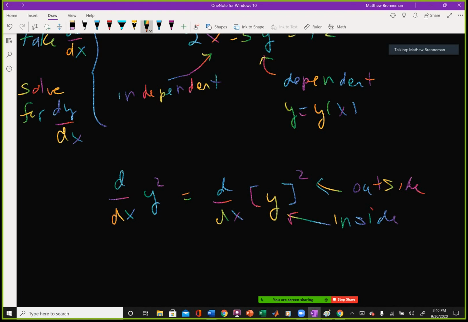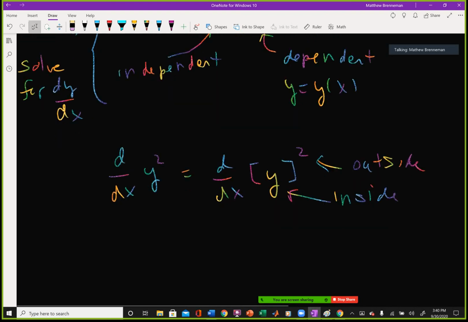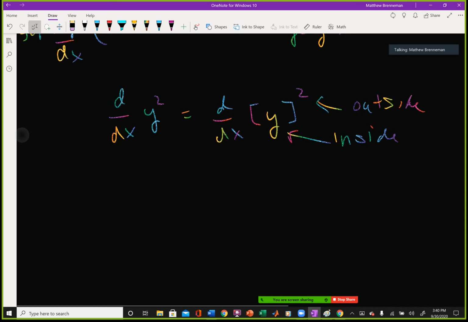I'm going to present the chain rule in a different way, okay? Here's how we're going to start thinking about the chain rule. We're going to think of it as d/dx of f of blob.